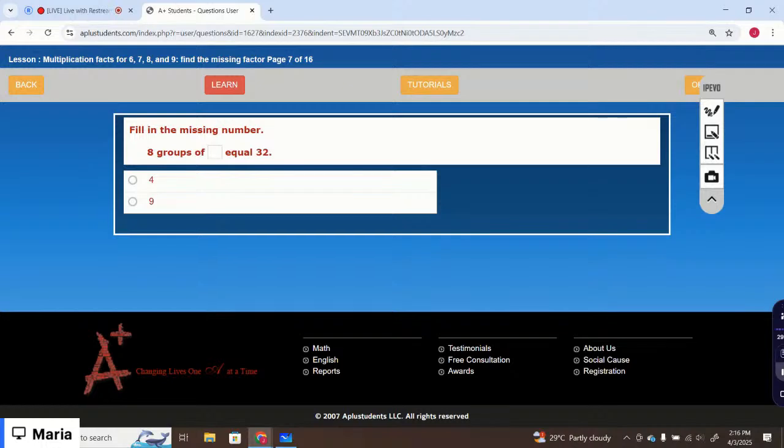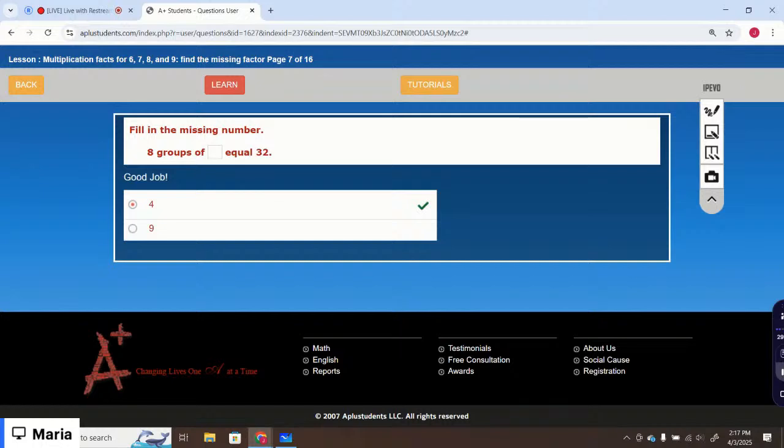Fill in the missing number. 8 groups of what equals 32? So which is the correct option? 8 times 4 is 32. Option number 1 is the correct option.